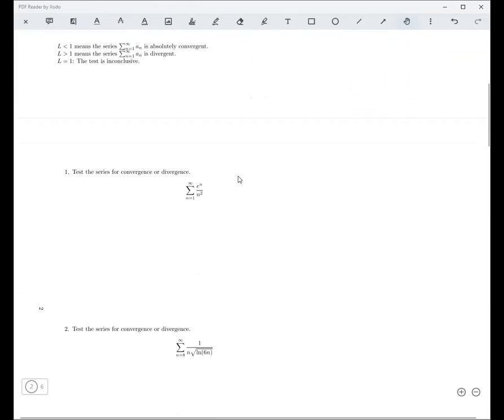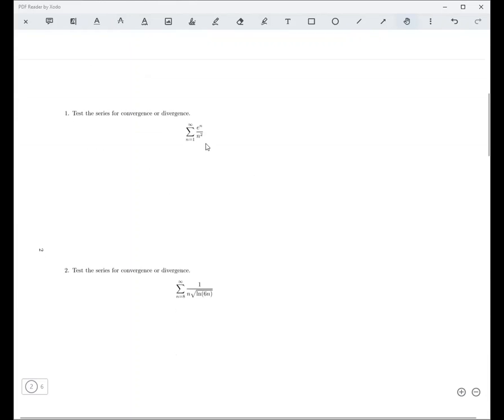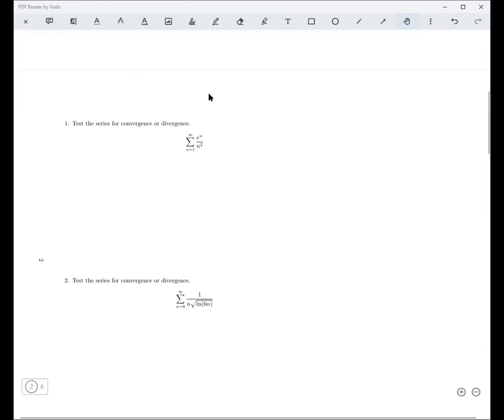So number 1, test the series for convergence or divergence. Any guess on that one? I was doing this one earlier.